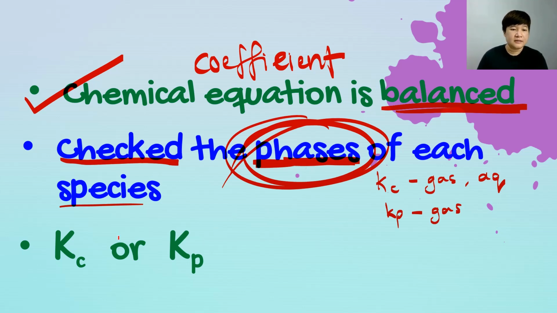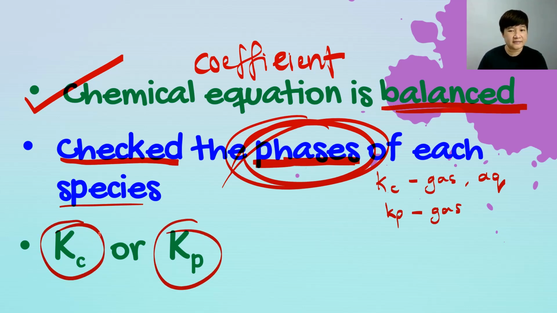Last but not least, read the question carefully. Check whether they are asking for Kc or Kp. Because for Kc you take different things, and for Kp you take different things. And the way that you write it is also different, because Kc will be in a square bracket of concentration, and Kp will be in a round bracket of partial pressure.